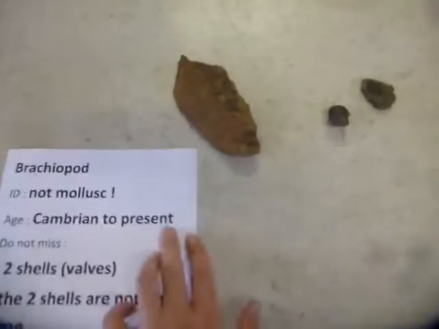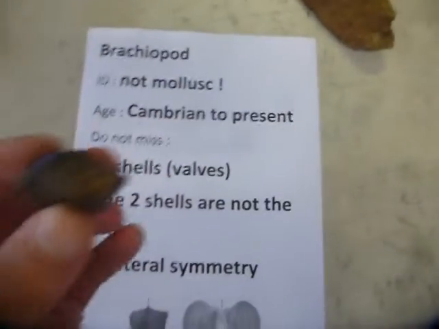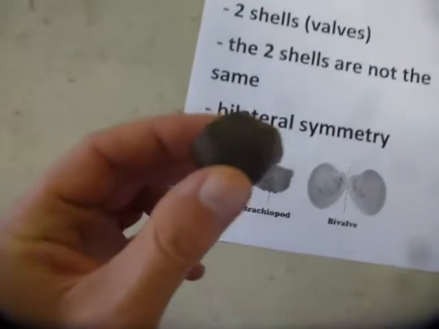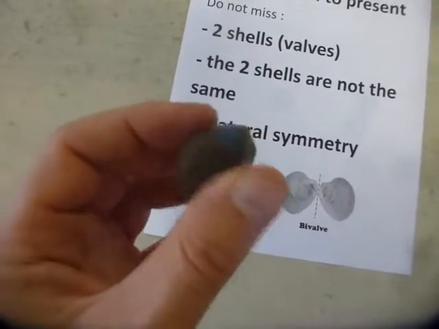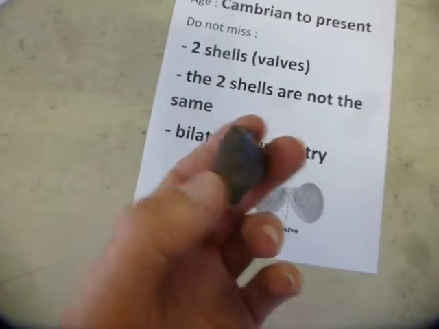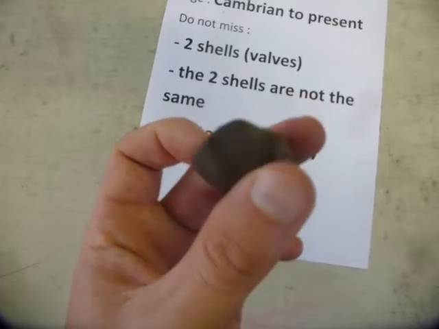But if you look at a brachiopod now, and you take a brachiopod like this, you will see that the 2 shells of the brachiopods are not the same. One shell is a little bigger than the other.